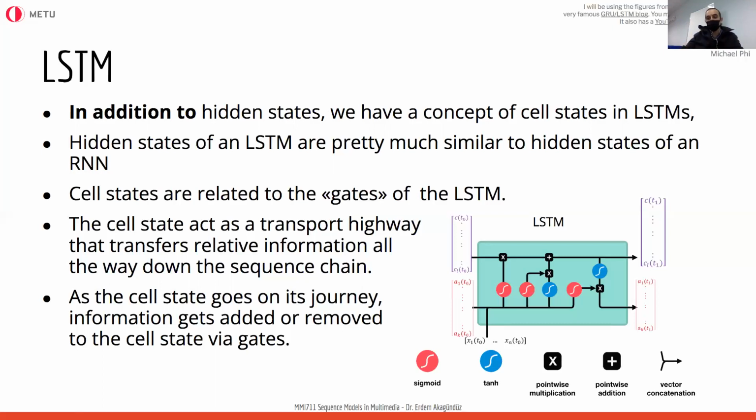Remember the finite state automata, because states are a type of idea that keeps memory in an automata. In RNN, the hidden state was the memory that we had. Cell states are a different type of memory, and actually it is the long-term memory in the LSTM.